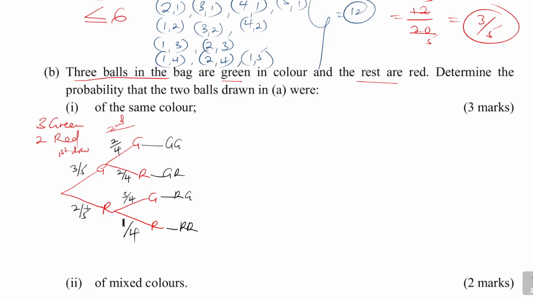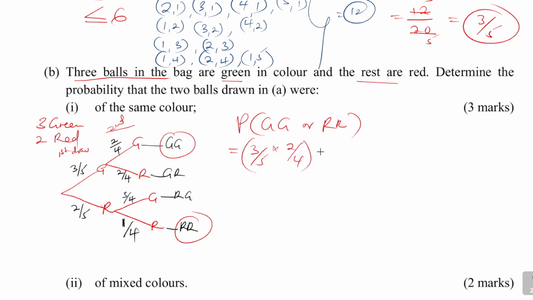With that tree diagram, now we can answer the question: where do we have the probability that these balls are of the same color? So probability of the same color means probability of green, green, or red, red, the same color. And you know the law of probability, or, you're going to add these. So green, green, we multiply this branch 3/5 times 2/4.